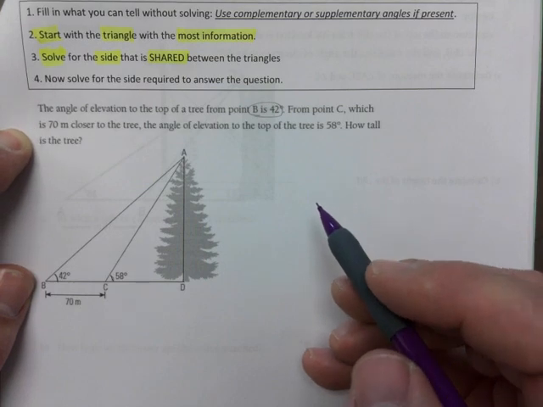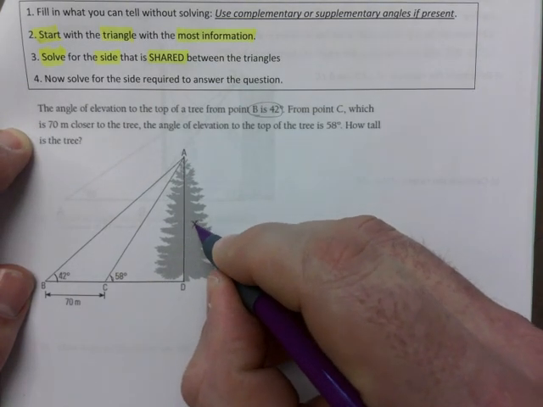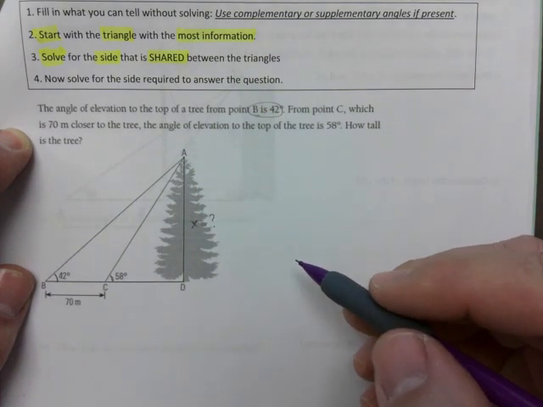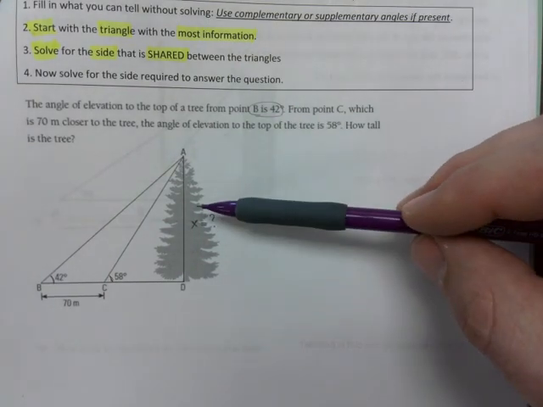And how tall is the tree? So the ultimate question is, how tall is that tree? That's what we're going to attempt to solve. Just look at it this way.